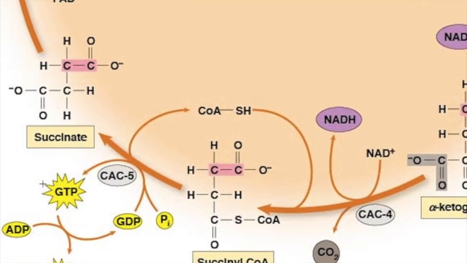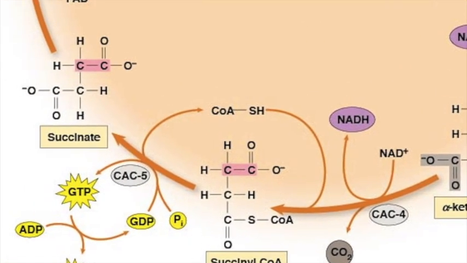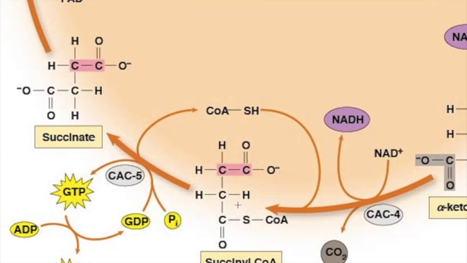And what we have here is very interesting. So this succinyl-CoA, as it forms a bond here, it forms a high energy thioester bond. Now, I'm calling it a high energy thioester bond because as this bond is transformed, it actually generates enough energy to take a GDP, similar to an ADP, and convert it into a GTP.